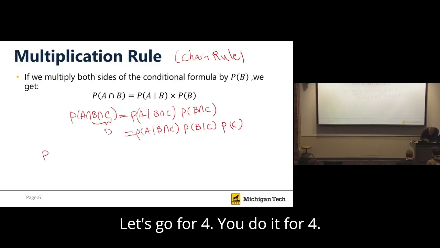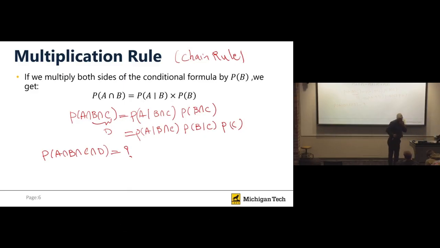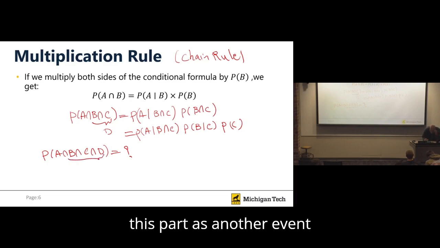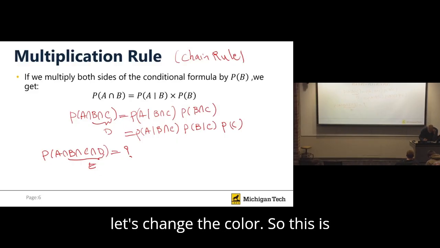Let's go for 4. You do it for 4. P of A and B and C and D. What is this? Can you compute that? I'm going to come check. You can consider this part as another event, like E, and go step by step. So let's change the color.